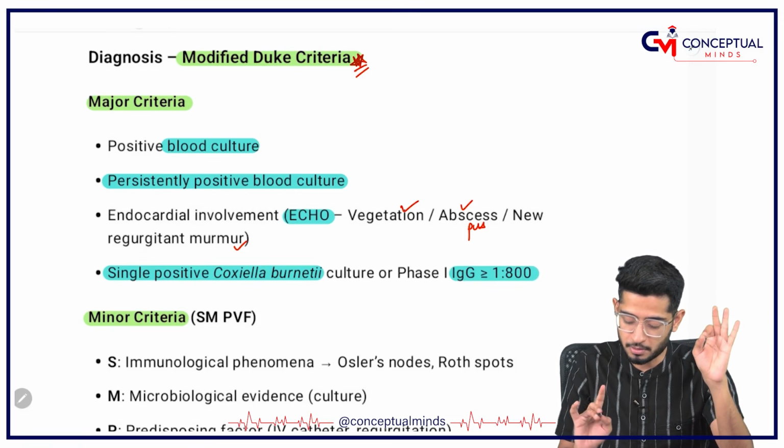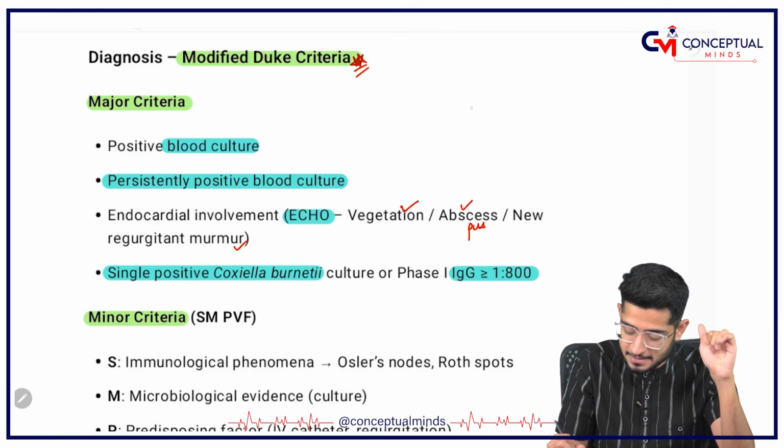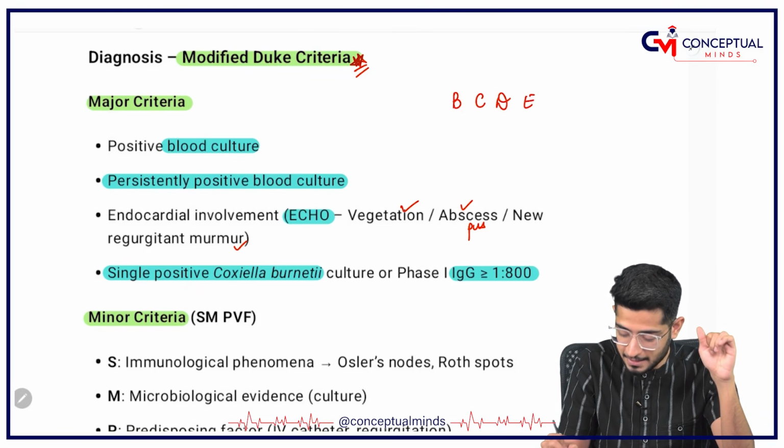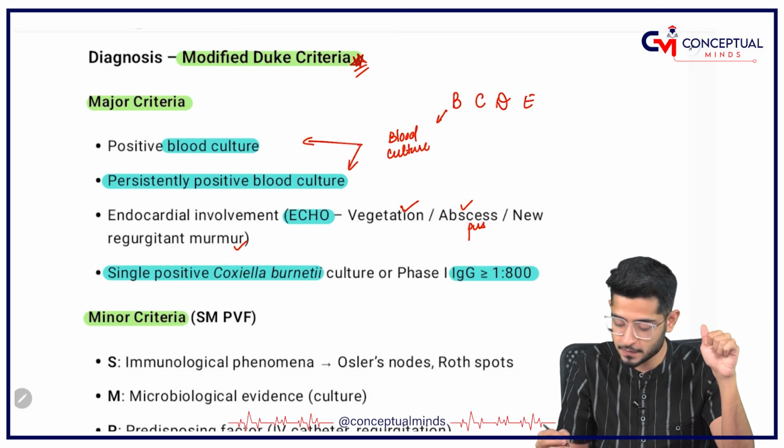So please remember, the whole story for major criteria is dependent upon B, C, D and E. What does this mean? B for blood culture. So blood culture is either positive or persistently positive.